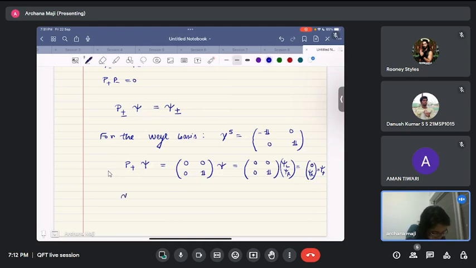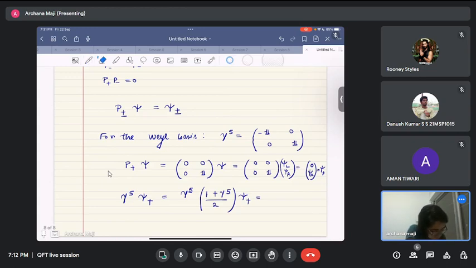and gamma 5 acting on psi plus will be equal to gamma 5 times 1 plus gamma 5 over 2 psi, which is equal to plus 1 times psi plus.